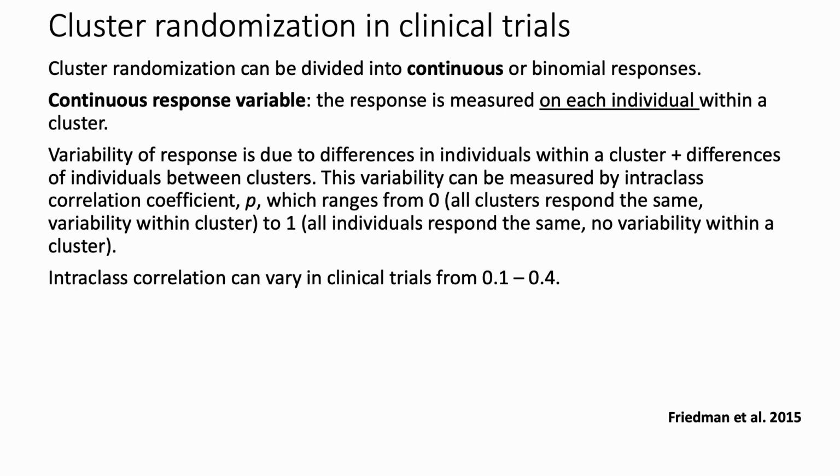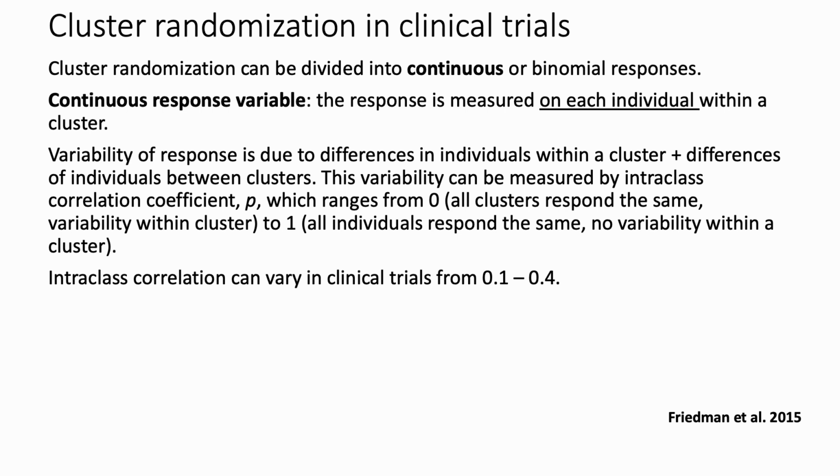Now let's go over cluster randomization, which can be divided into continuous or binomial responses. A continuous response variable is measured on each individual within the cluster, so within each school in this case.